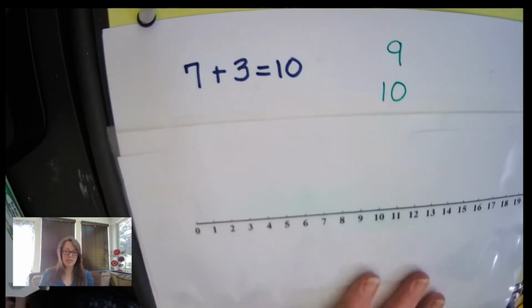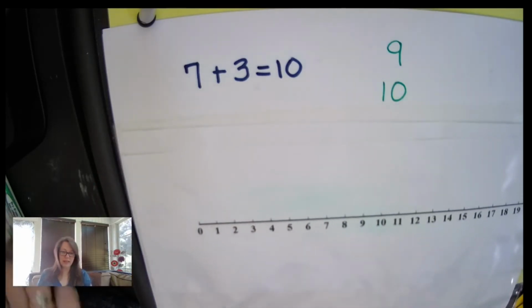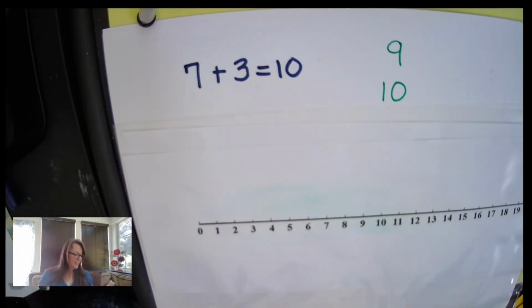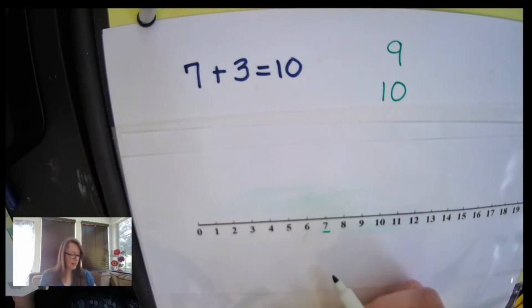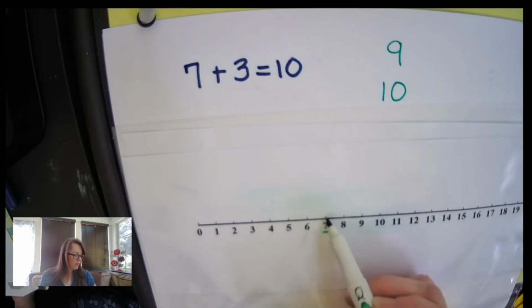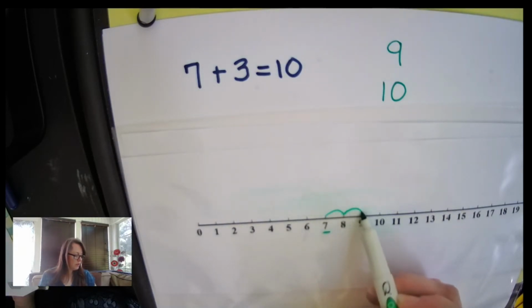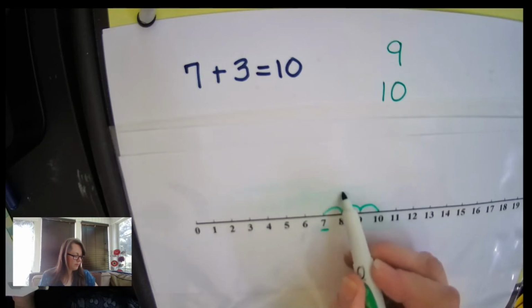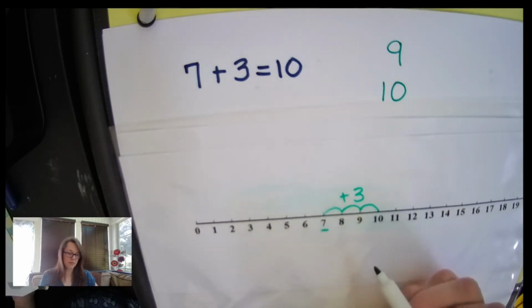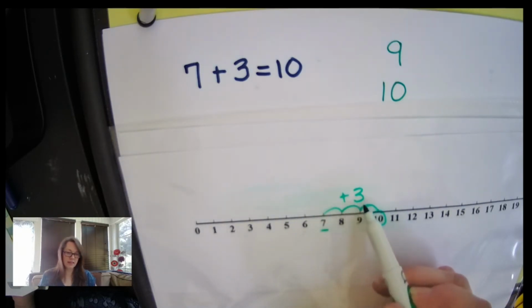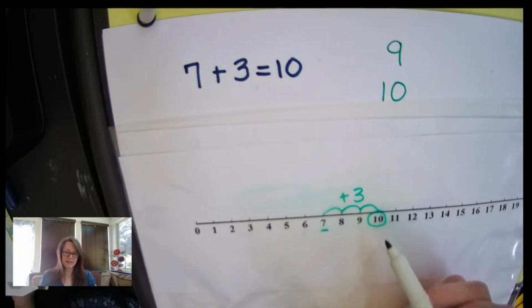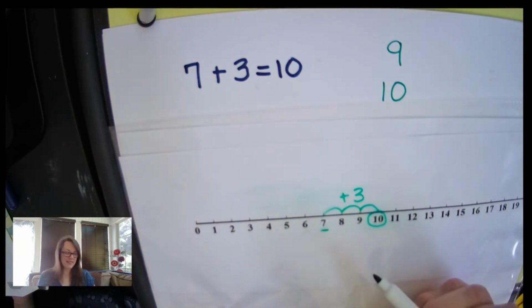Sarah says that she counted up to find the answer. She started with the number 7 and counted up 3. 1, 2, 3. And landed on 10. So 7, 8, 9, 10. 7 plus 3 is 10.